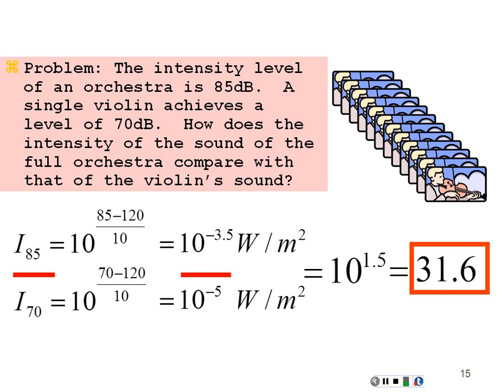So the intensity of the full orchestra to the intensity of one violin is 31.6. If we treated all the instruments as being approximately equal in intensity, then I probably have about 31.6 instruments in the orchestra.